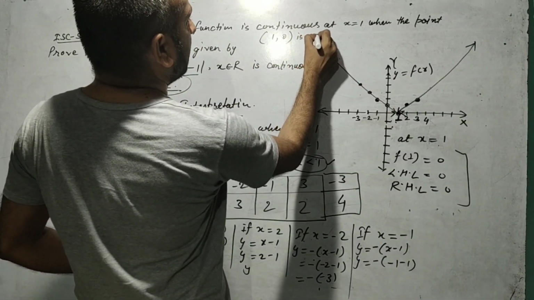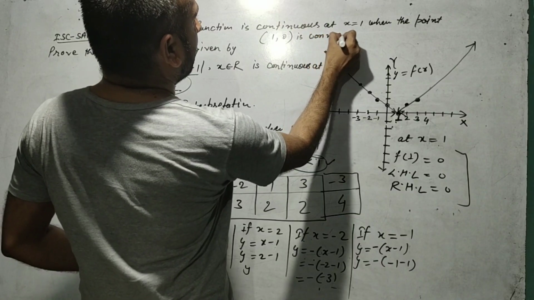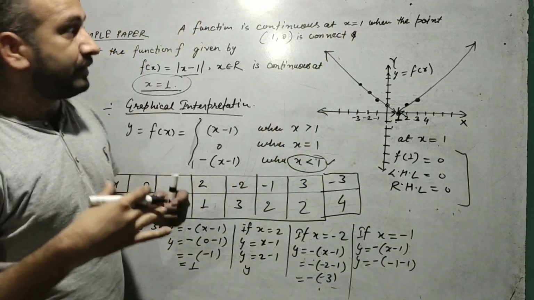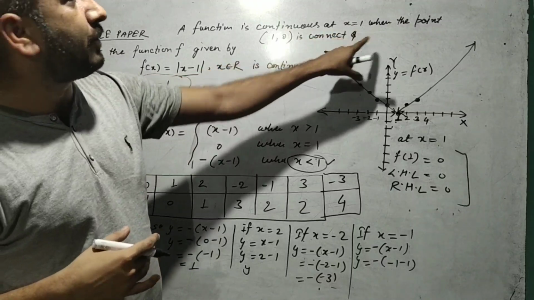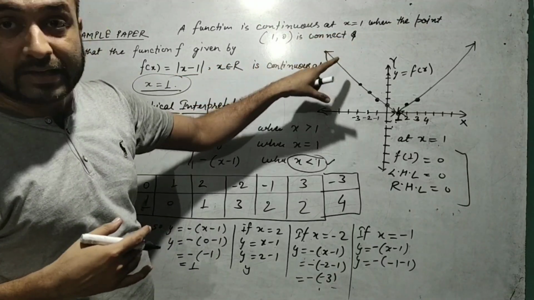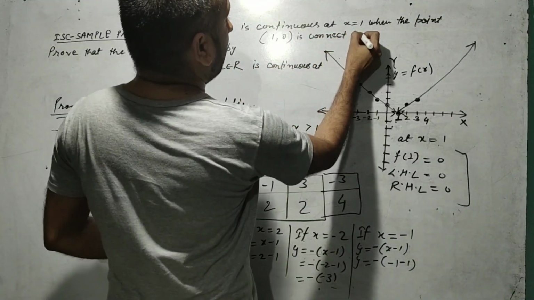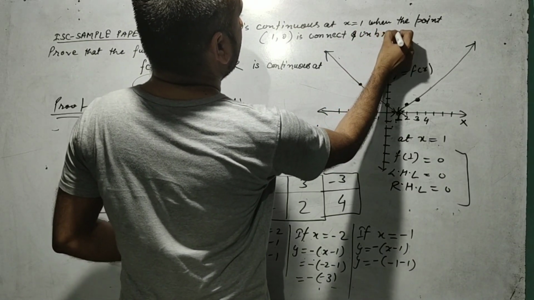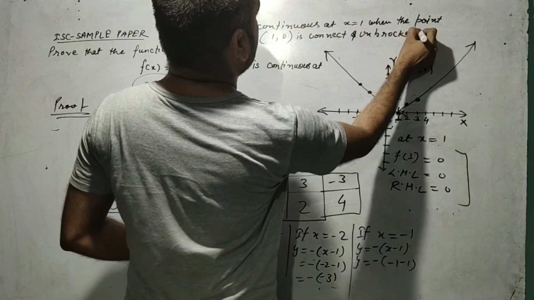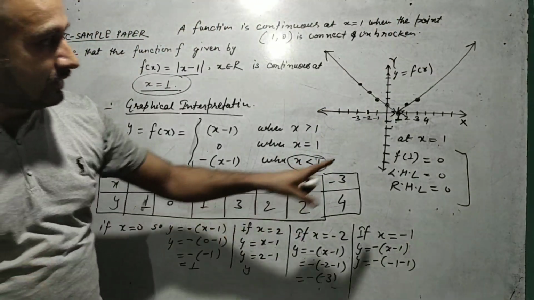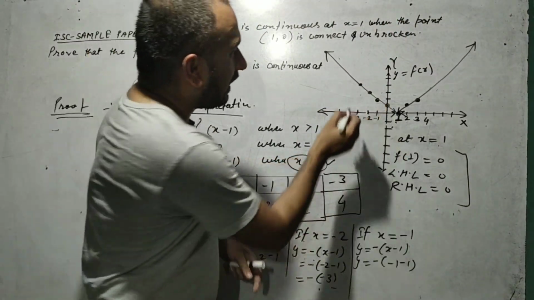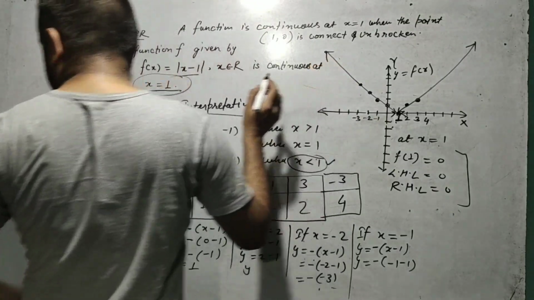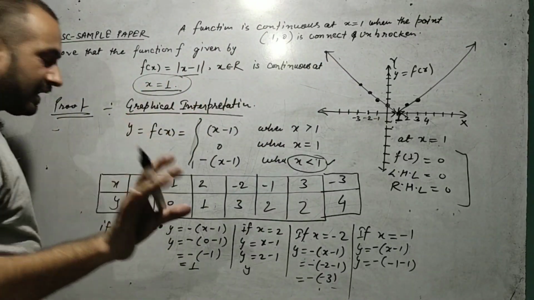A function is continuous at x equal 1 when the point 1, 0 is connected and unbroken. Means this point is connected, this point is also connected.